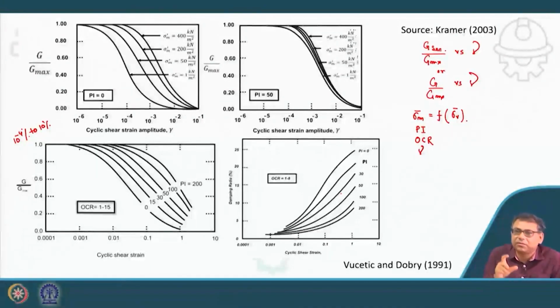And another problem is that in most cases you cannot generate the G by G max curve by conducting a test under the very low confining pressure, which is the actual confining pressure in your model. So in that case you have to use equations. You generate your curve for 100 kPa, then you scale it down for your actual confining pressure, which is very low, and then you use that for your numerical analysis. Clear? So that is one thing I want to say.